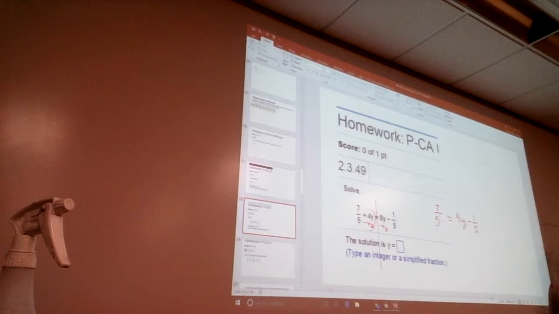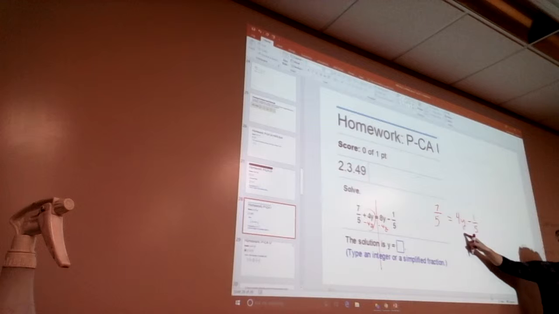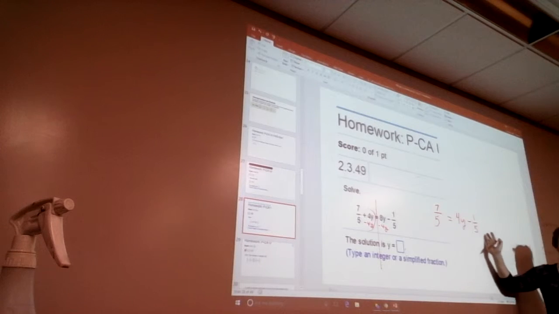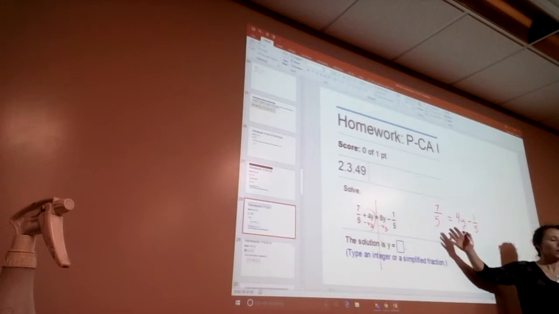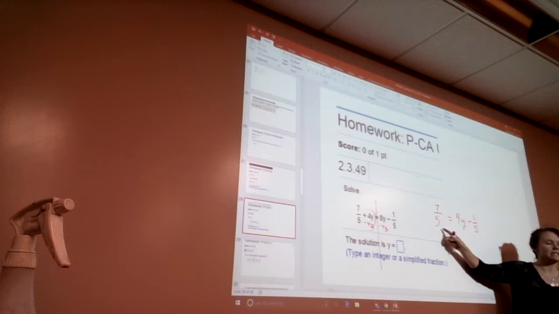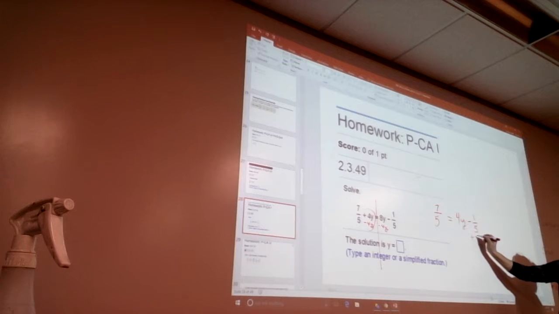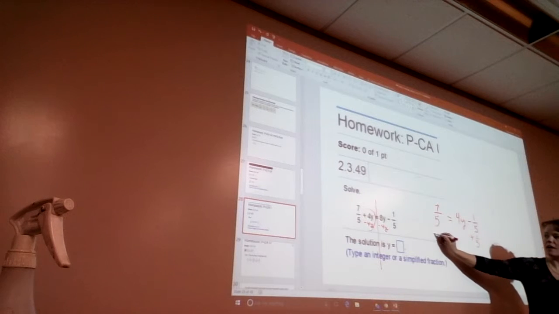So far, so good? Now it's nice because there's only y terms on one side or the other. So now we can use Cole's idea to get rid of the fraction and multiply. If we wanted to, we could multiply through by 5. Or since I noticed that both of these have the same denominator, I'm going to go ahead and just add the 1/5 to each side right now.